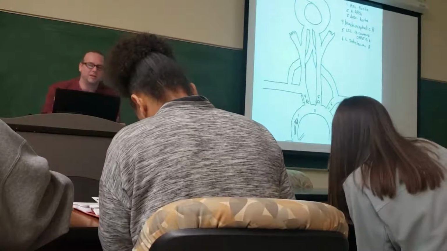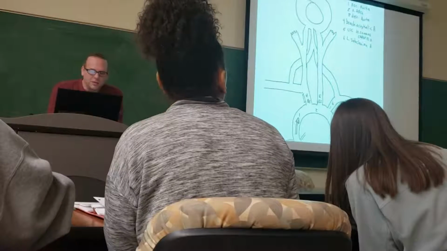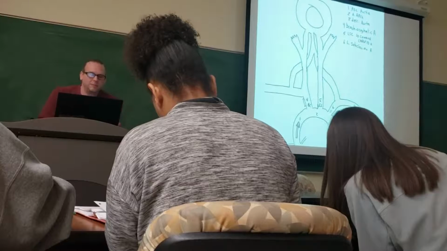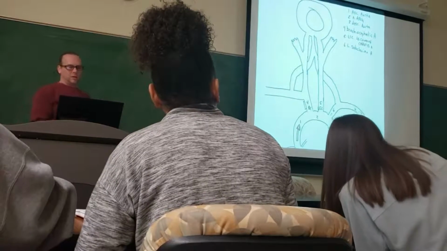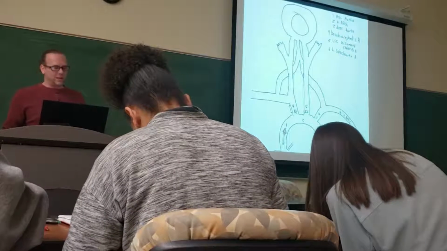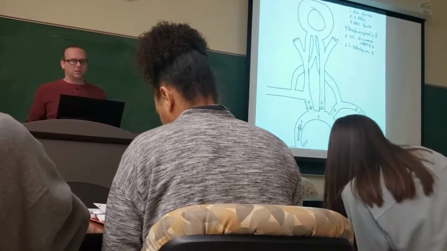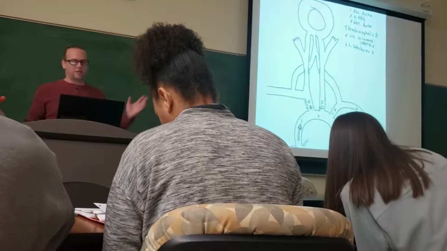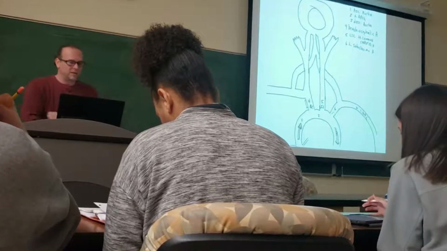Left subclavian, left sub C, sometimes you hear me call it. Left sub C. Subclavian. So how could I ask this on the test? Many ways, but I could ask, what's the second major branch of the aortic arch? Left common carotid artery. What's the third major branch of the aortic arch? Left subclavian artery. I could ask those very easily.